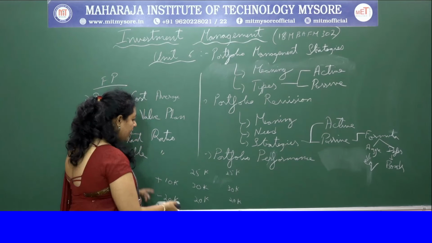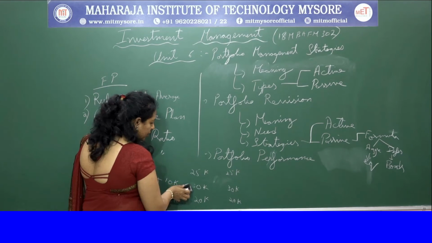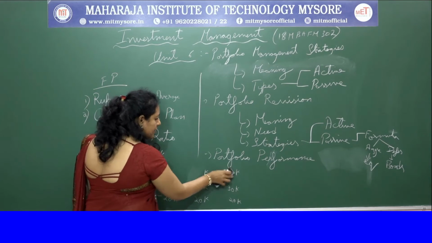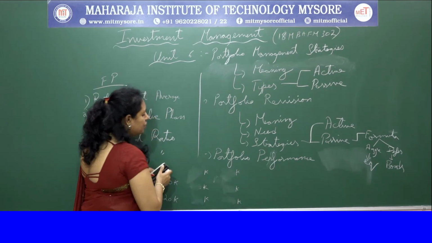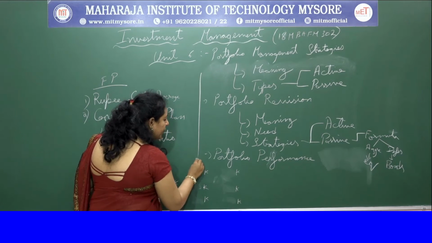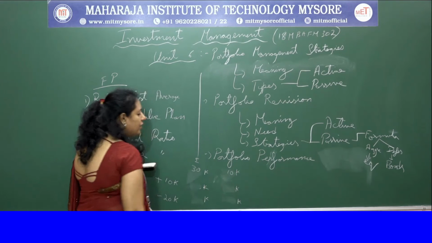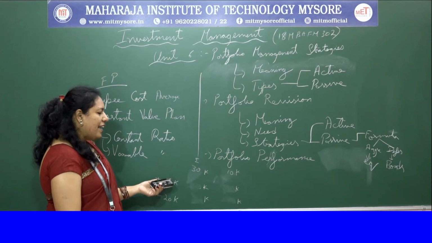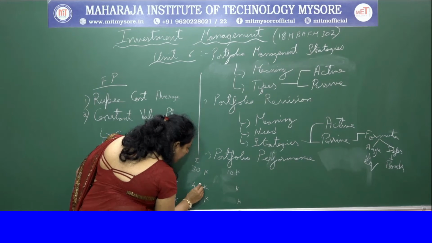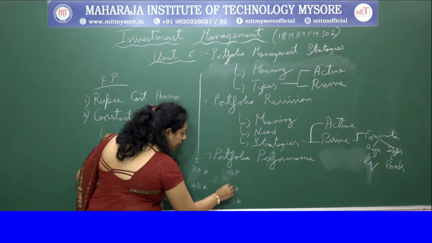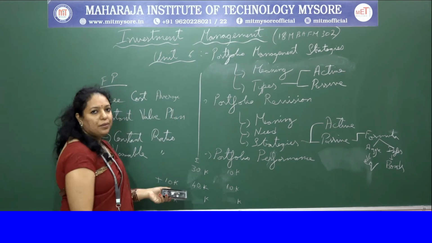So if you are investing again 10,000, we'll make some changes in this amount to tell you with the example. So if you have invested 30,000 in equity and 10,000 in debenture, if an additional 10k is invested and this equity is rising, then you invest 40 in equity and 10 itself in bond.